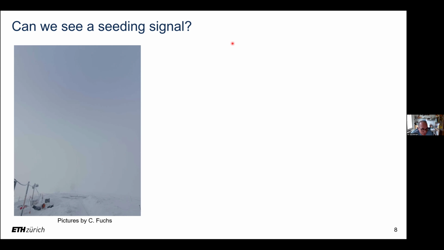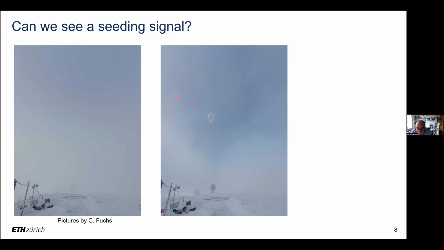On the left, you see a picture of our tethered balloon flying. Actually, you see nothing. It's in the cloud, so you only see white. But then when the seeding plume came over us, suddenly a blue sky appeared, and we also saw the balloon for around 5 minutes. That was the burning duration of a flare, and then it disappeared again. So we're very convinced that it was us making these changes.